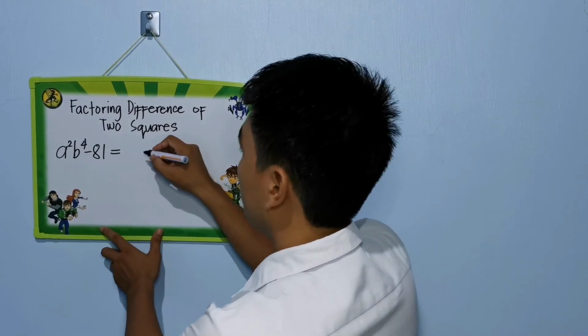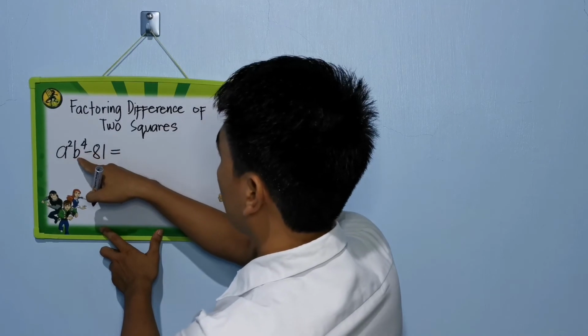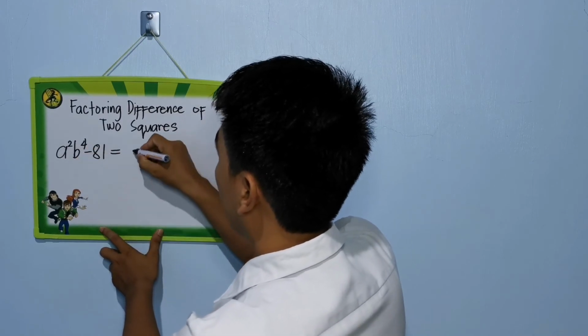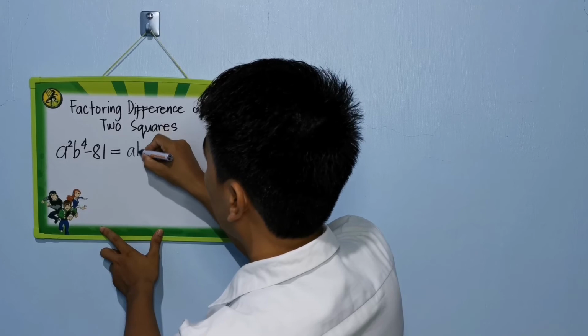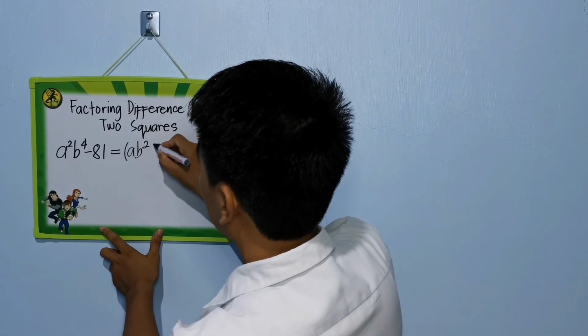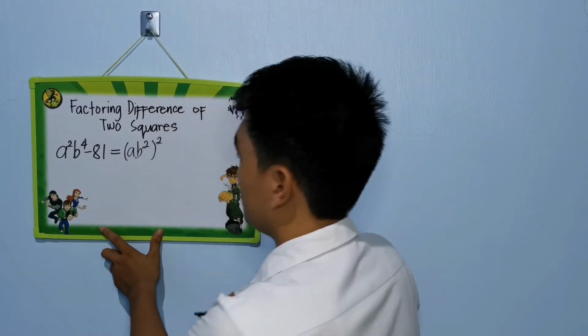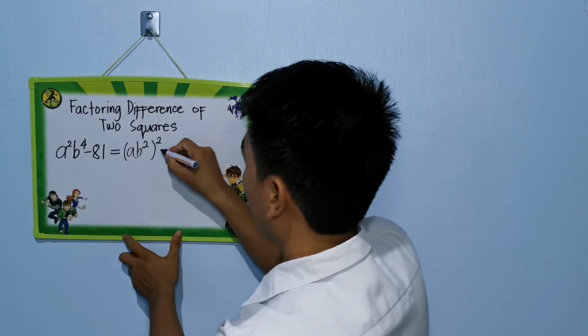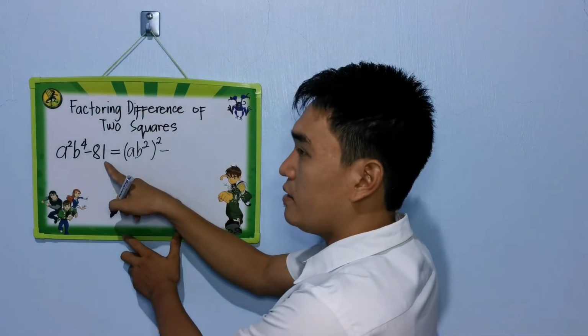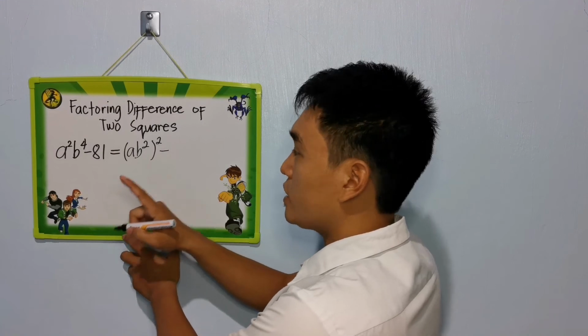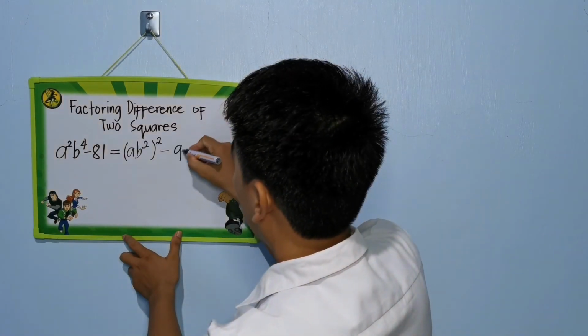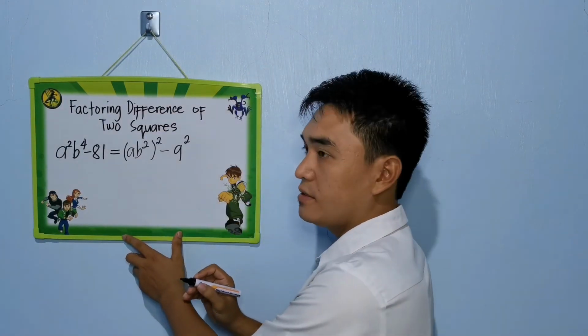So a squared b to the 4th power can be written as ab squared, the quantity squared, minus 81, which is also equal to 9 squared.